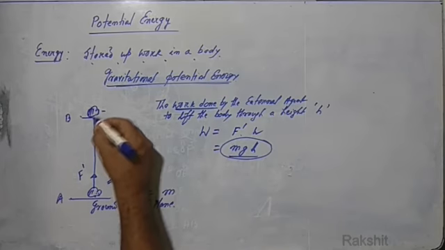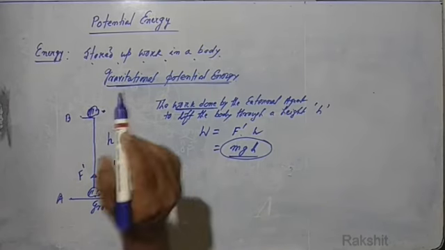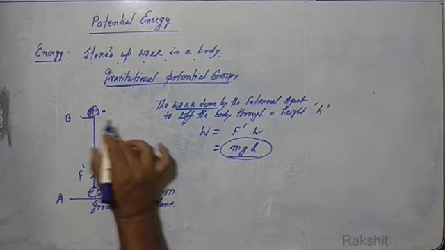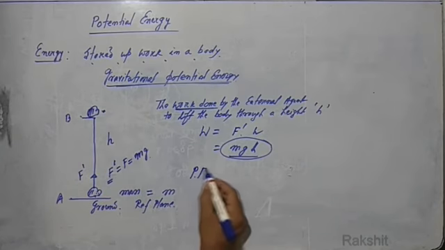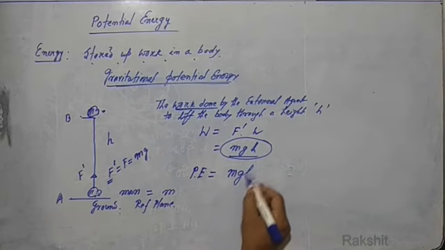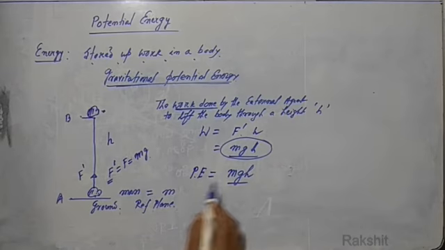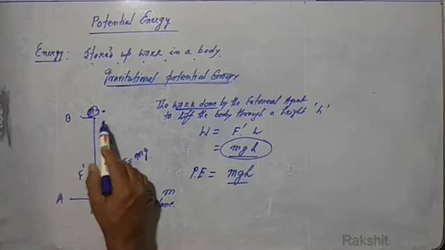That is why this amount of work is known as the potential energy of the body at this position. So potential energy PE is equal to mgh.